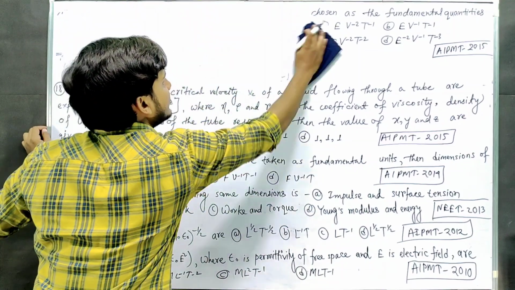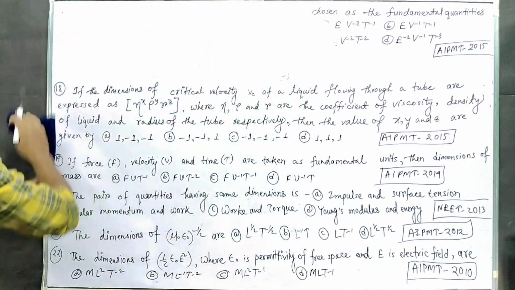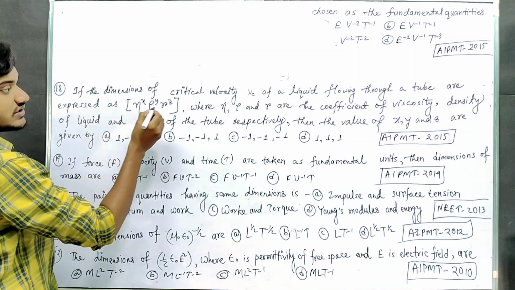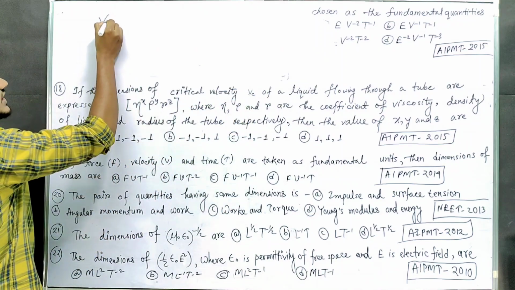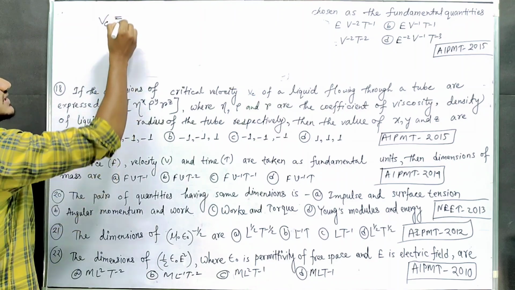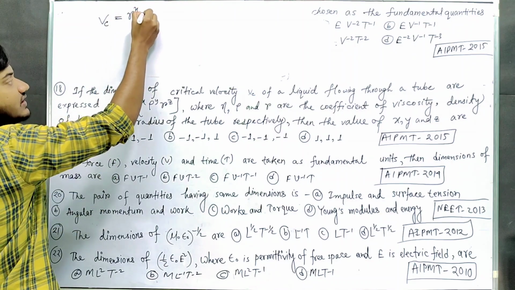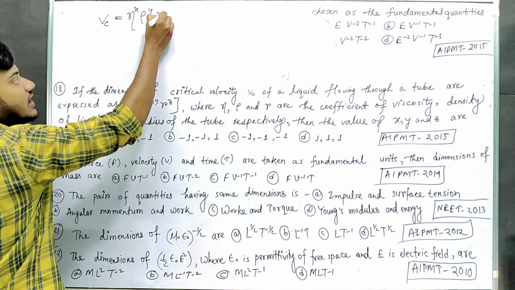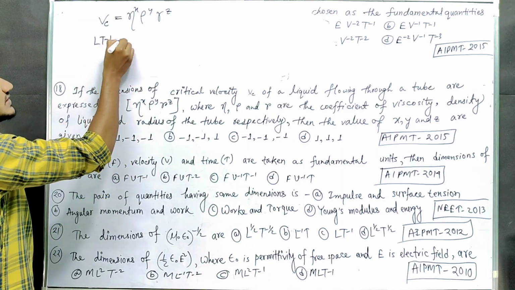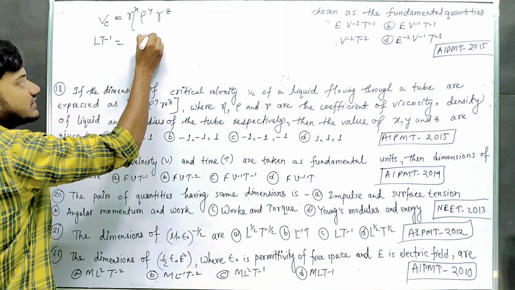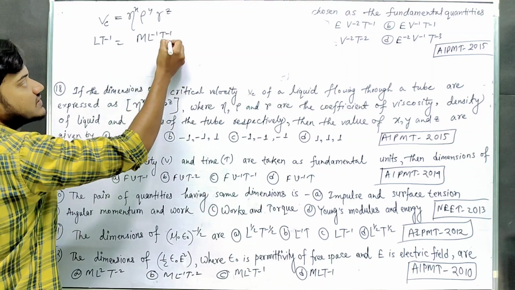Let's try. So critical velocity V is expressed as eta to the power x, rho to the power y, r to the power z. Velocity dimension is L T inverse, eta coefficient dimension is M L inverse T inverse.